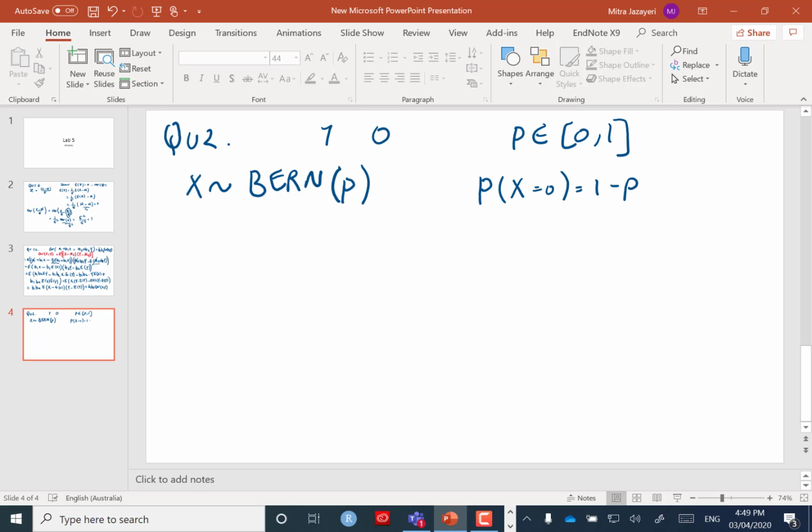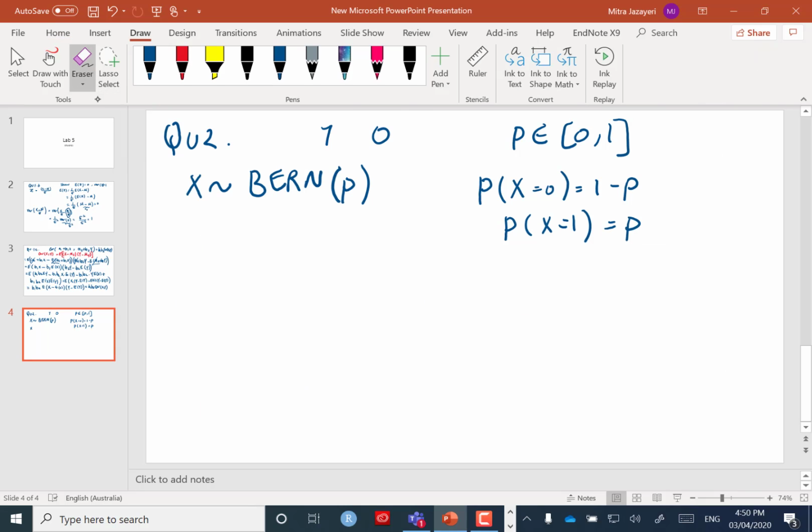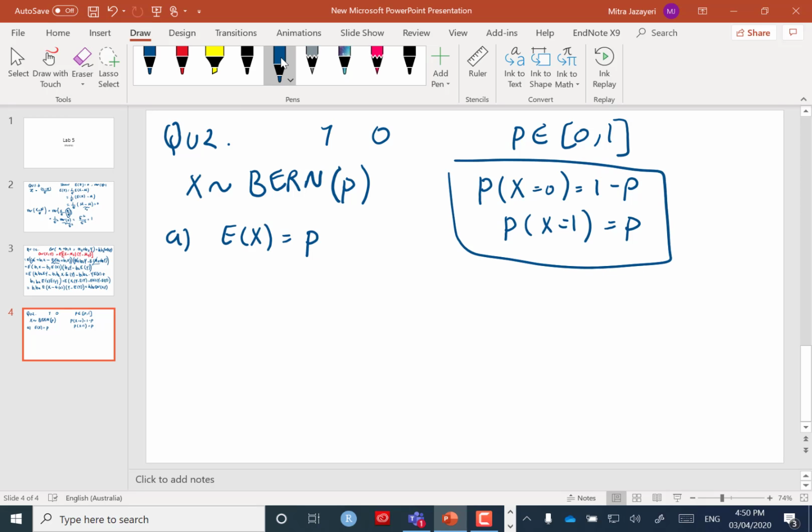Now, in question 2, part A says show that expectation of X is equal to P. We want to show that one. Now, we have got these two facts, yeah? In order to do that, we know that for a discrete random variable, expectation of X is equal to the sum of xi times probability of X equal to xi.